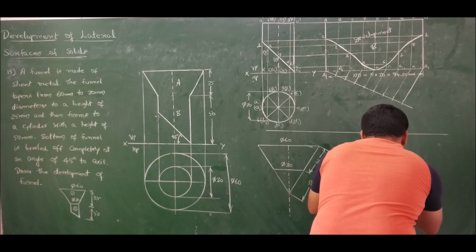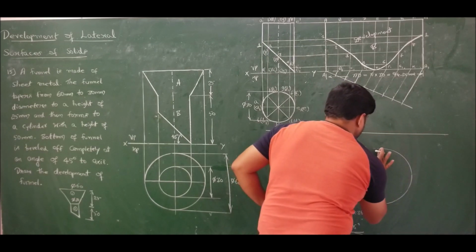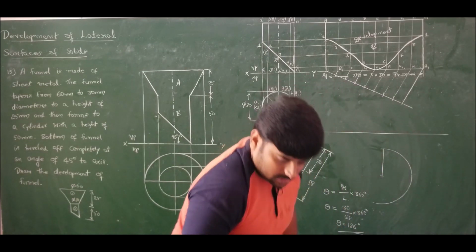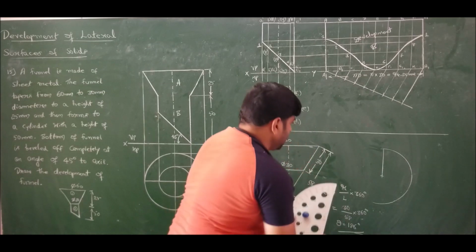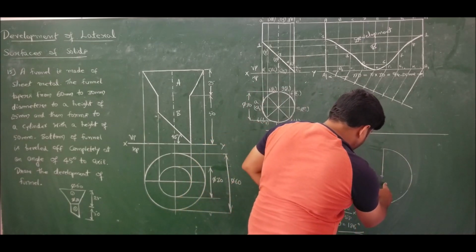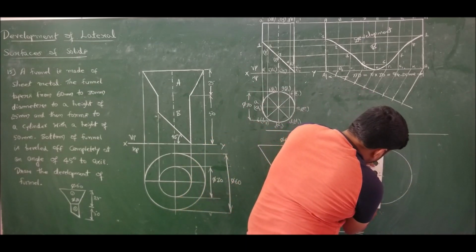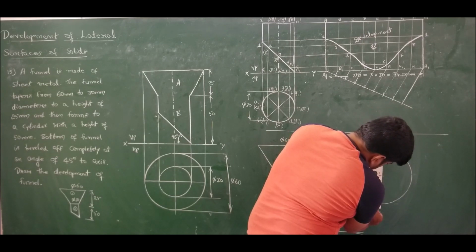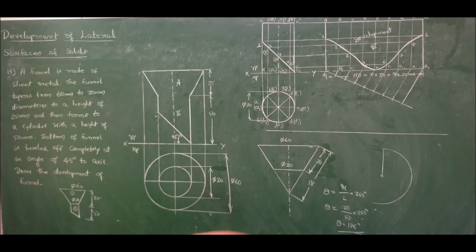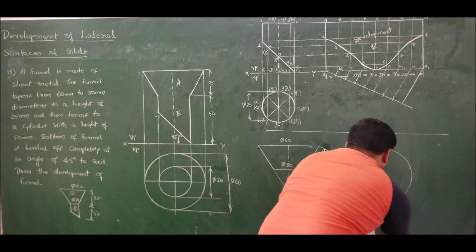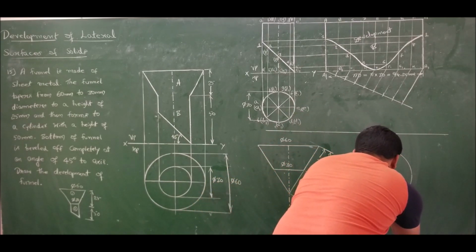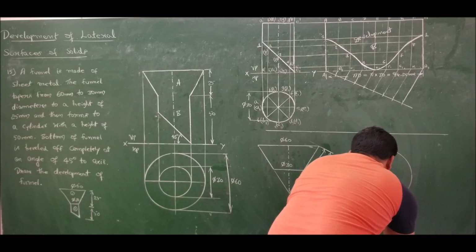So if I measure the angle, from here to here it is 180. 180 plus 6. 186 degrees is what I should take. Taken.